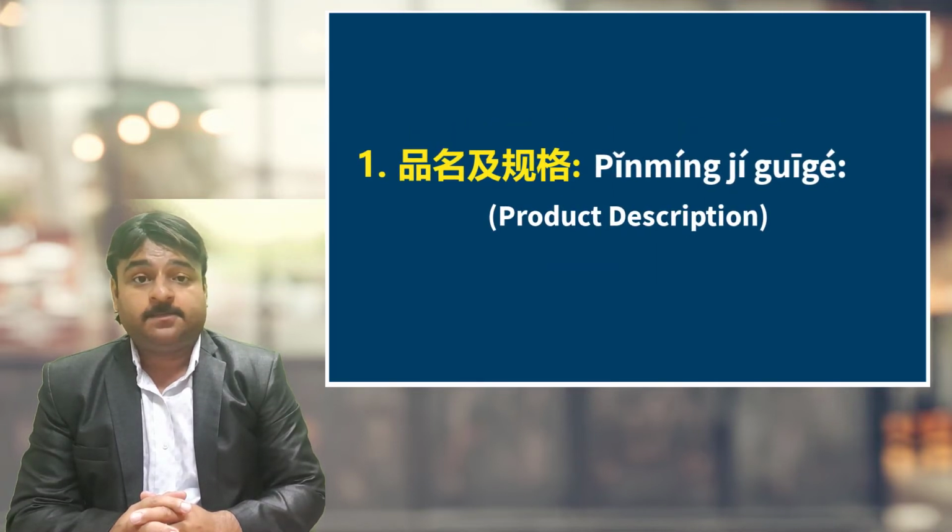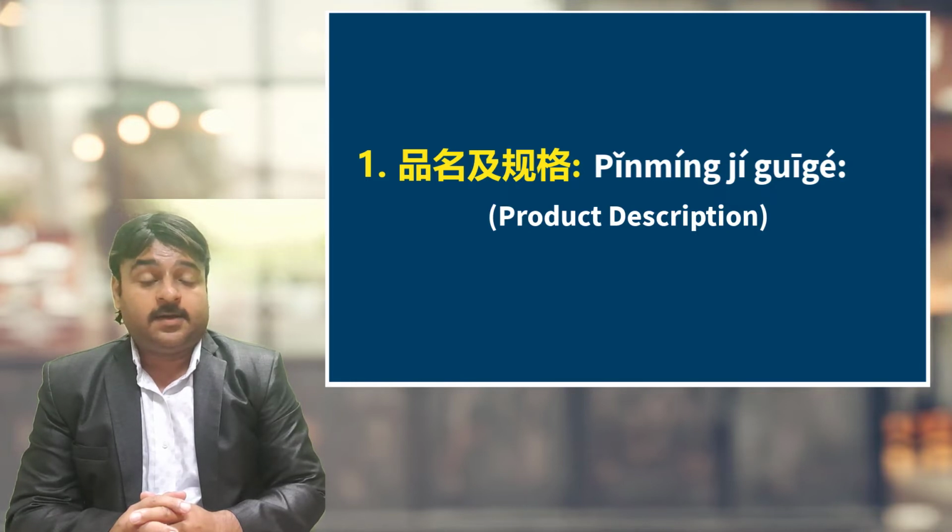First is product description and specification. While writing a query email, you have to be specific about the type, grade, or quality you are looking for in the product, in order to avoid considerable loss of time and confusion at later stages.